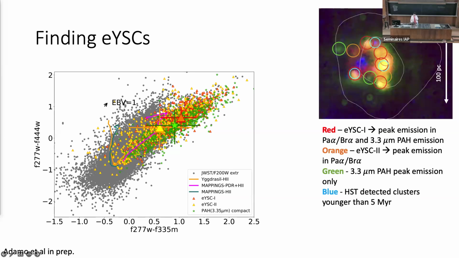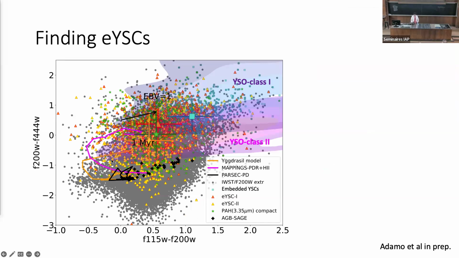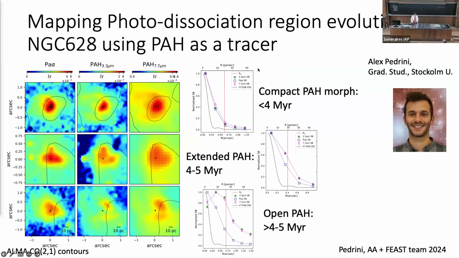Essentially this sequence of emerging clusters gradually loses their PAH, their PDR association within the aperture, and then moves to where they are supposed to be when they are young star clusters. I think I will skip the next slides. But essentially the colors of these extracted sources coincide with the YSO class 1 and 2 in the Milky Way.